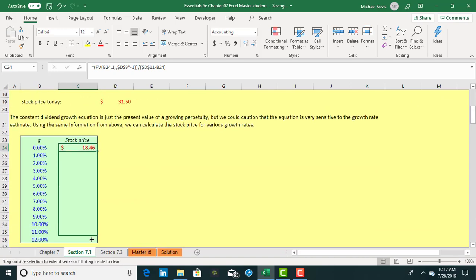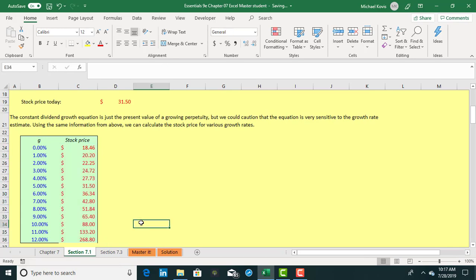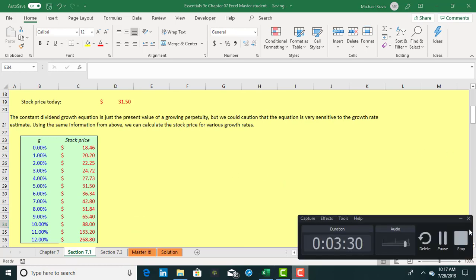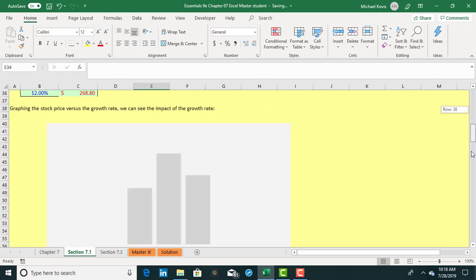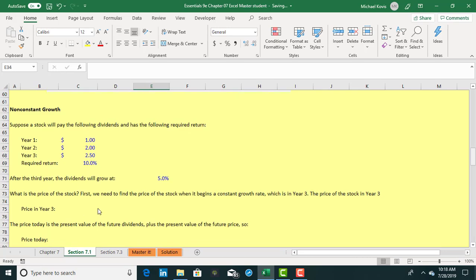Alright, so our example, we need to figure out the price in year 3. We have an inconsistent growth. Well, the price in year 3 is equal to the future value of year 4 dividends. So I need to take my third year growth rate.